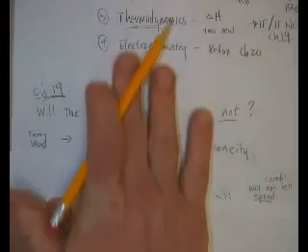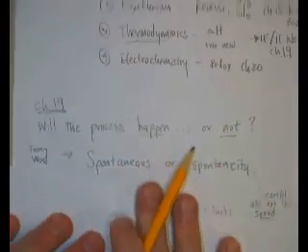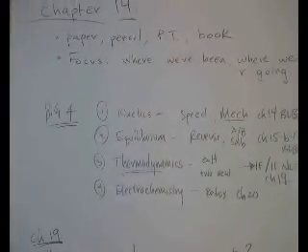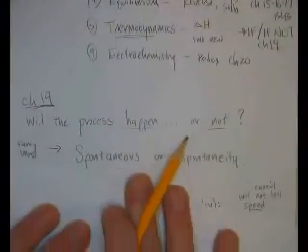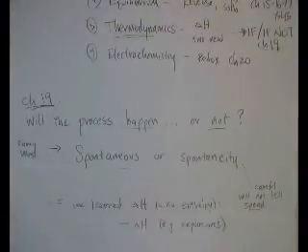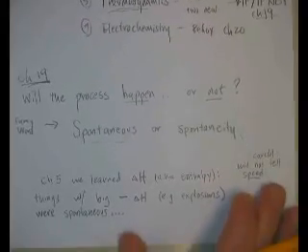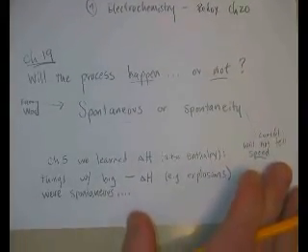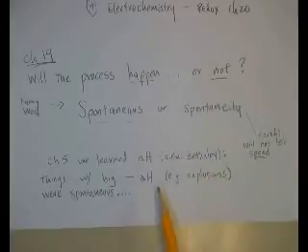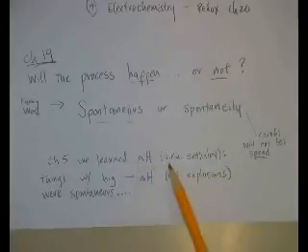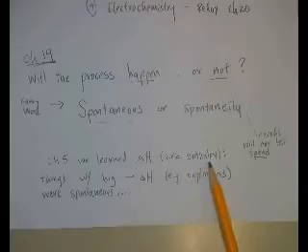So if you need to, pause the video now because we're almost done with the first page of notes, and make sure that you've got all of these written down on a piece of paper. Let's back up just a second. In chapter 5, we learned a little bit about thermochemistry, and we learned this letter right here, a triangle H, also known as enthalpy.